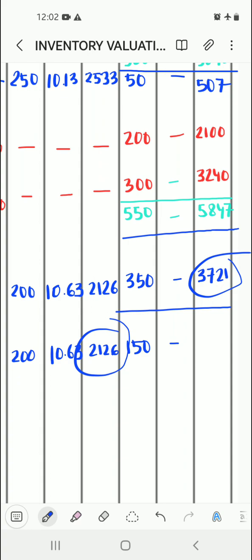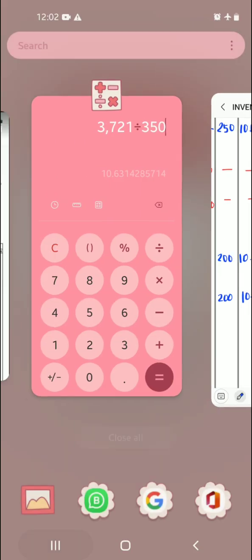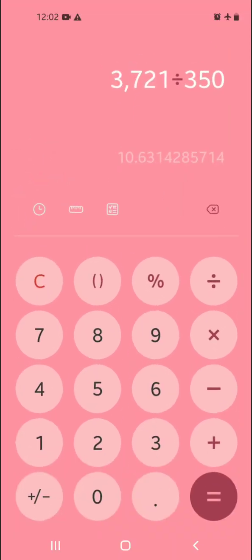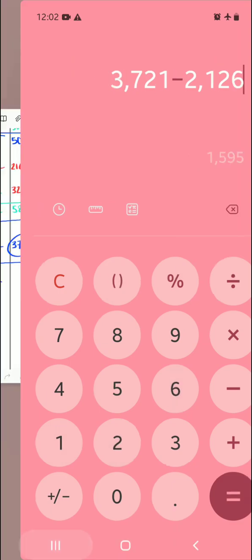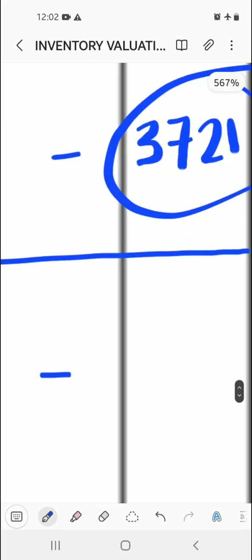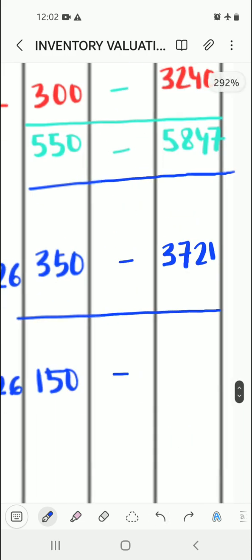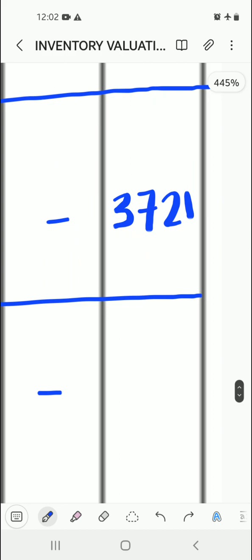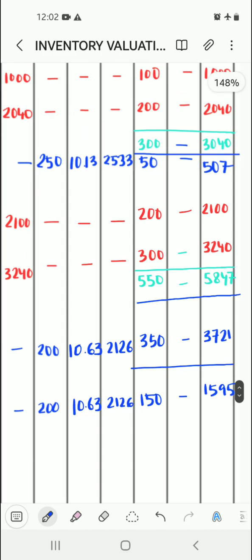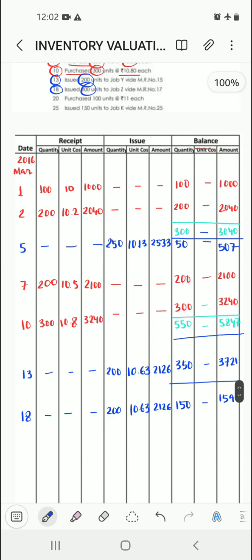So subtract 2126 from 3721. 3721 minus 2126, that is 1595. So 1595, we are going to record it here. We are done with March 18.